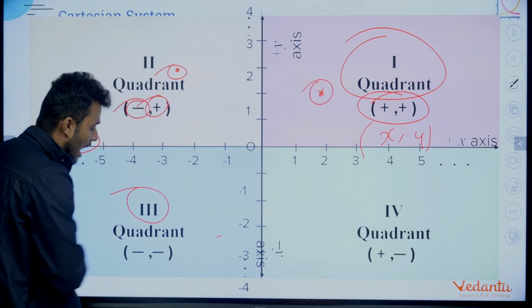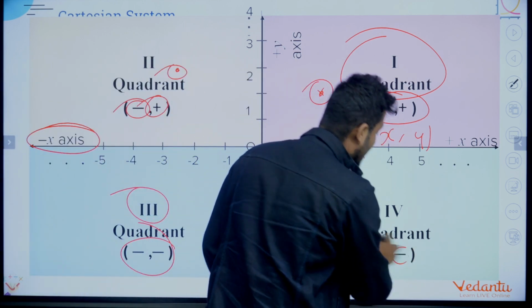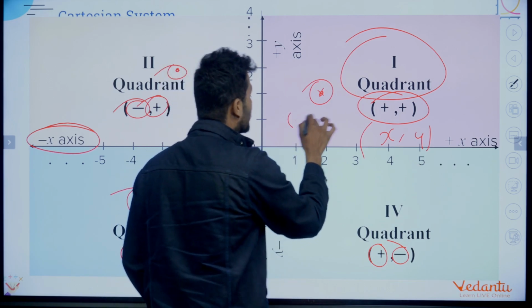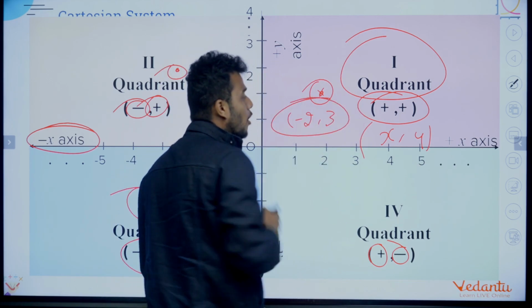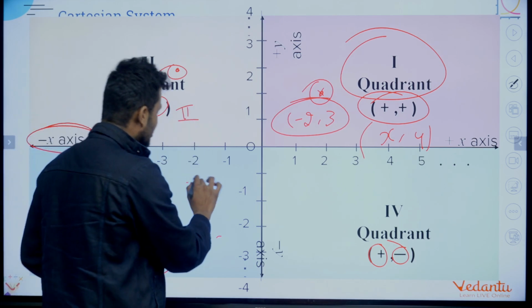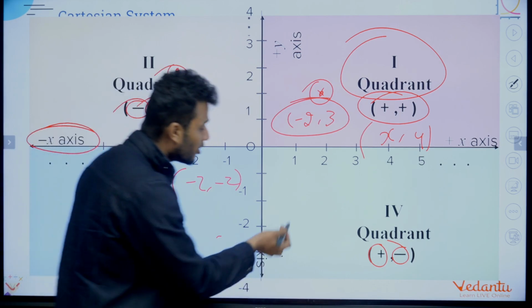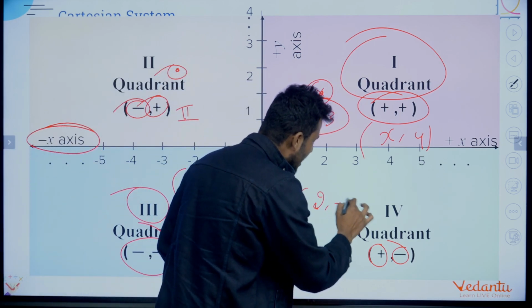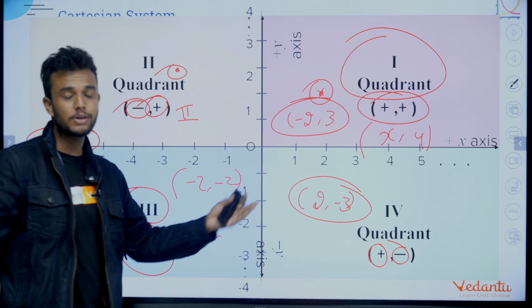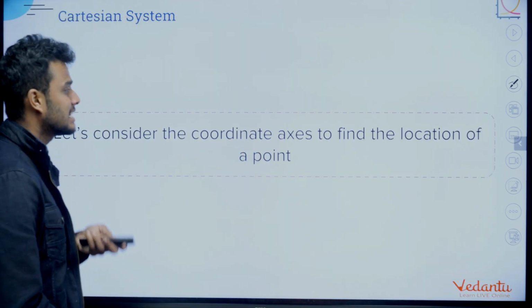Similarly, in the third quadrant, both are negative. In the fourth, x is positive and y is negative. If they mention minus 2, 3, where does the point lie? The point lies in the second quadrant. In the case of minus 2, minus 2, it is in the third quadrant. What about the fourth quadrant? 2, minus 3 lies in the fourth quadrant. That's all, students. This is about the Cartesian system.